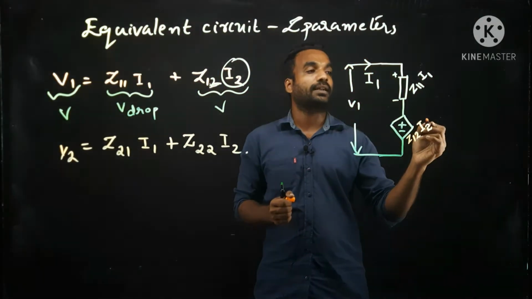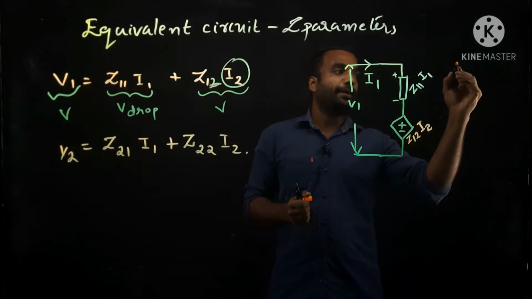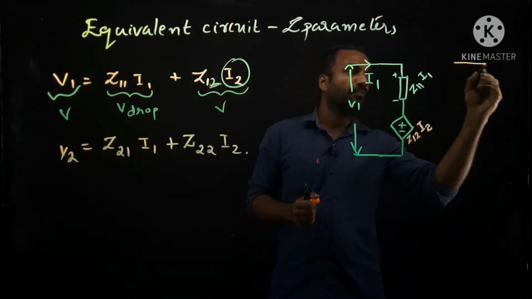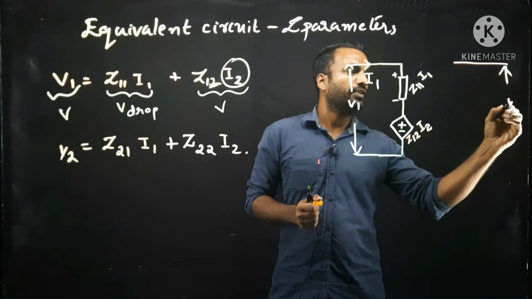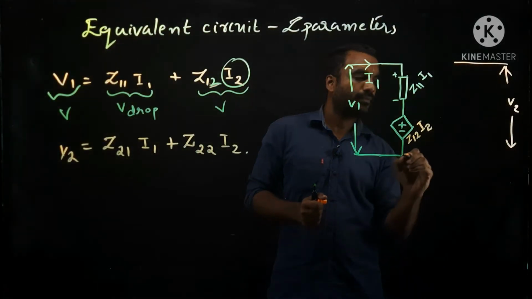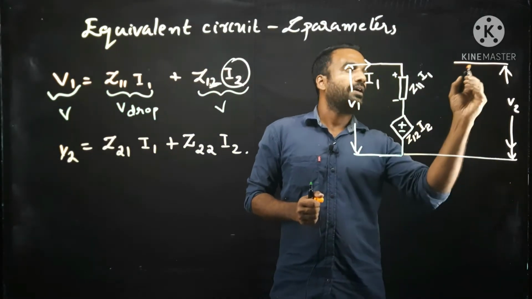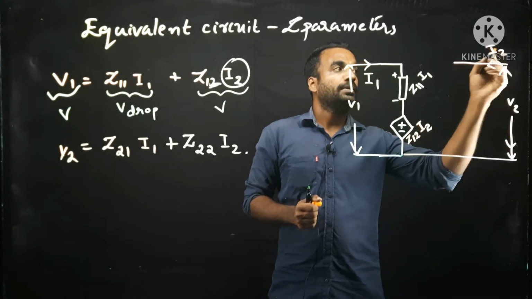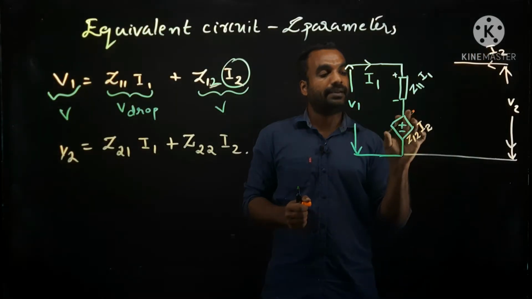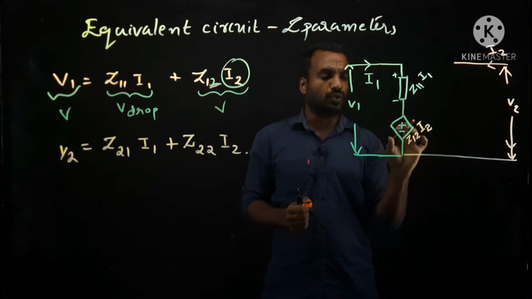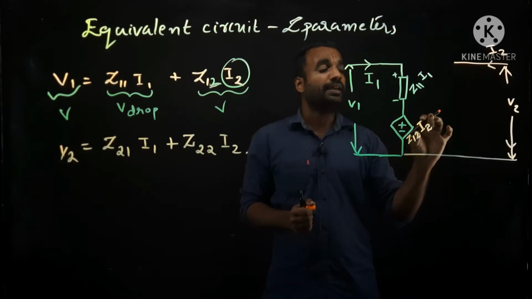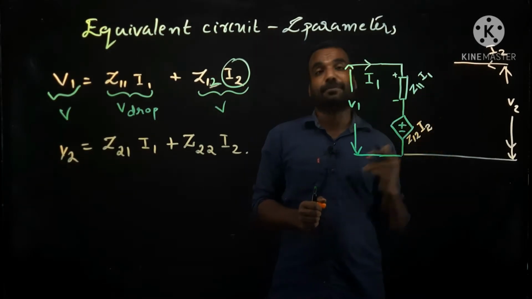This I2 is the current of the neighboring area. I will draw that also. This is V2, and here I am having current I2. The value of this voltage source is depending on the current in some other branch.